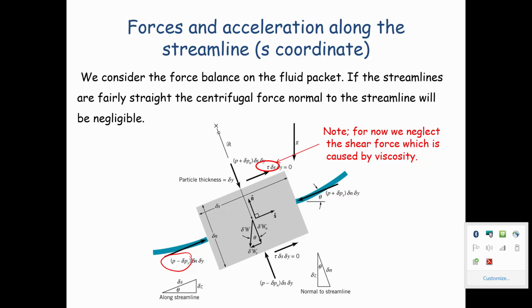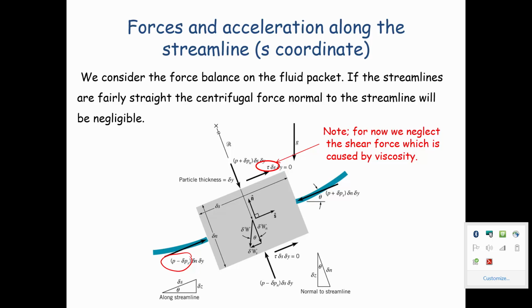If the angle theta is 0, then delta WS, of course, would be equal to 0, because the packet would be moving horizontally. We'll neglect the forces that are acting perpendicular to the packet, because those will be used in another analysis to derive another Bernoulli type equation, but it will not be for flow along the streamline. It will be for conditions normal to the streamline.